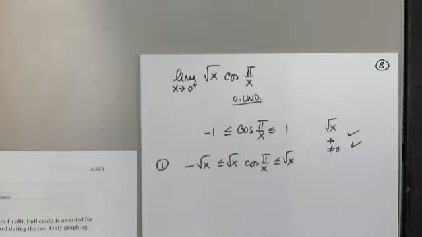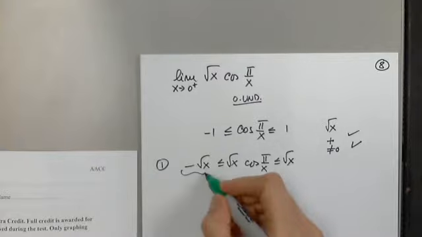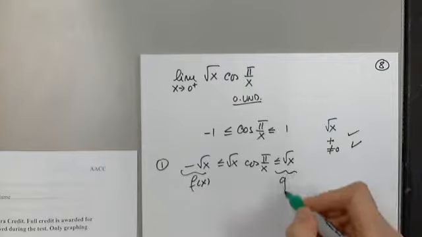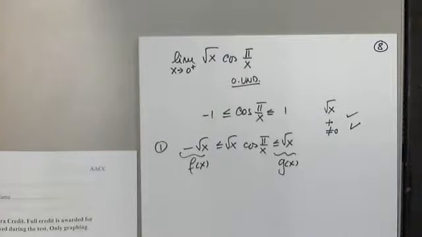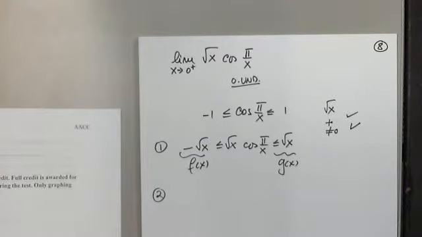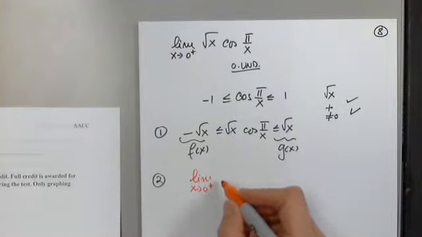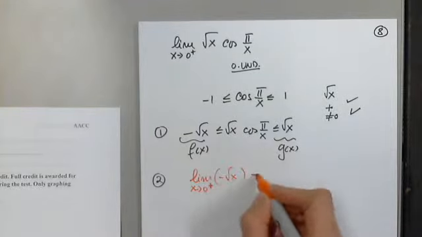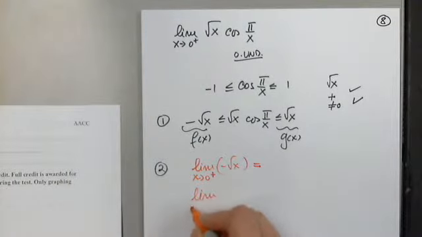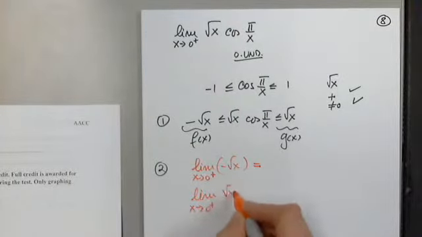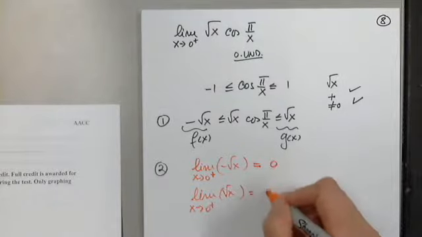Show that the function is squeezed. I did show that the function is squeezed by finding f of x and g of x, two different functions. In step 2, I have to show that the limit as x approaches 0 from the right of negative the square root of x is, and yes, and the limit as x approaches 0 from the right of the square root of x is, and yes, they are both 0.